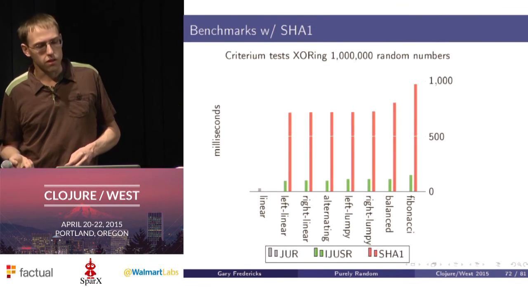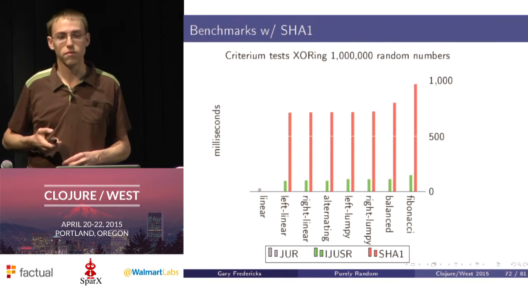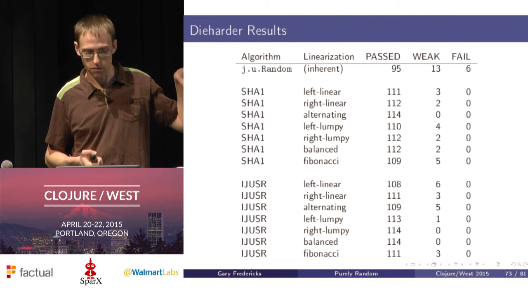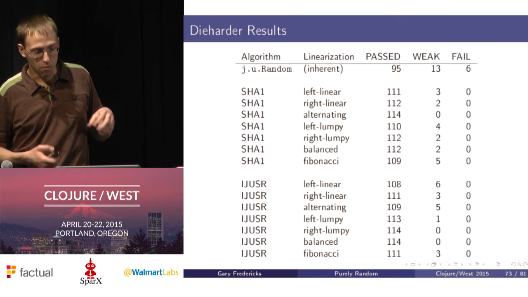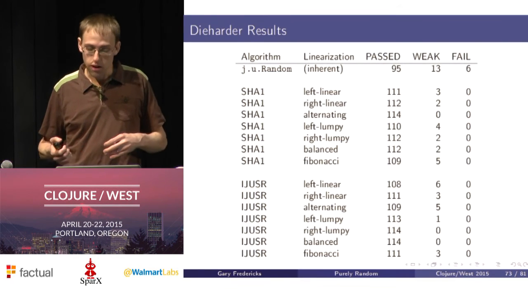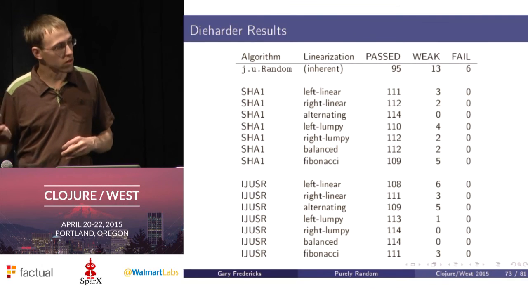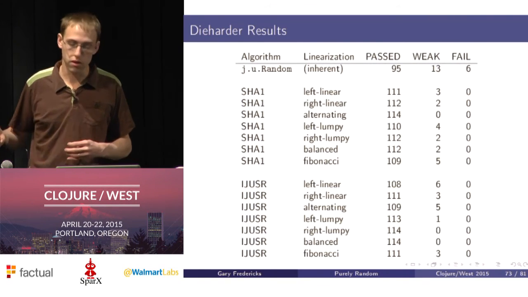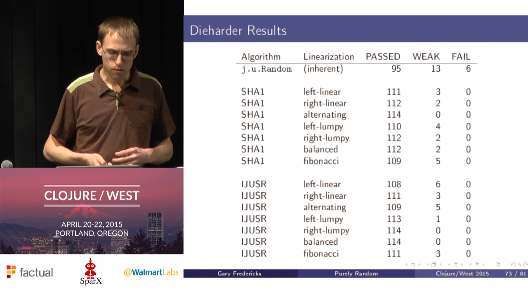We can also compare this to the SHA-1 implementation, which is severely slower. The DieHarder results, here's both SHA-1 and the new generator on the bottom, are just as good, I believe. The actual number of weak results is the same as with SHA-1, so it looks as if we've got a significant speedup over the cryptographic version, but still retained quality.